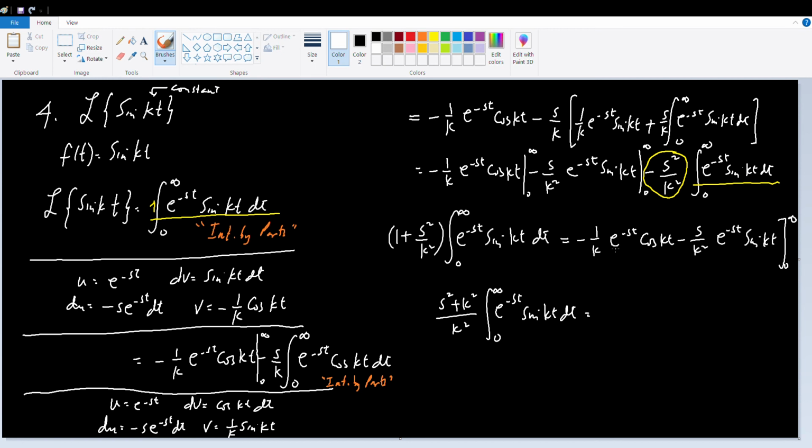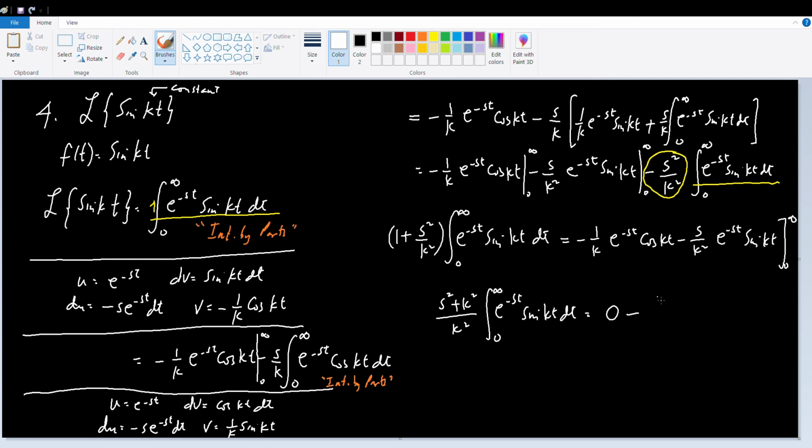Since we have e to the negative st, that will approach 0. Here, e to the negative st also, that will be 0. So as for the upper limit, this entire thing will be 0. Minus the lower limit. Okay?